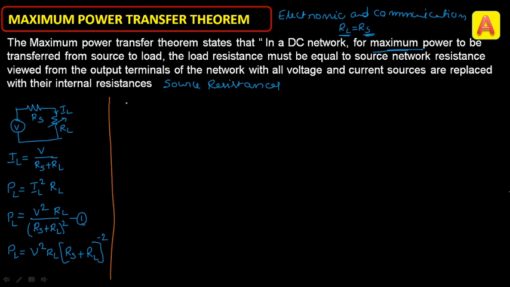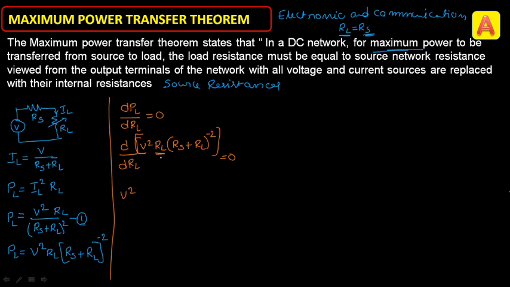Differentiating power PL with respect to load resistance RL and equating it to 0: d by dRL of PL is V square into RL into (RS plus RL) whole power minus 2, equal to 0. Here V square is a constant.